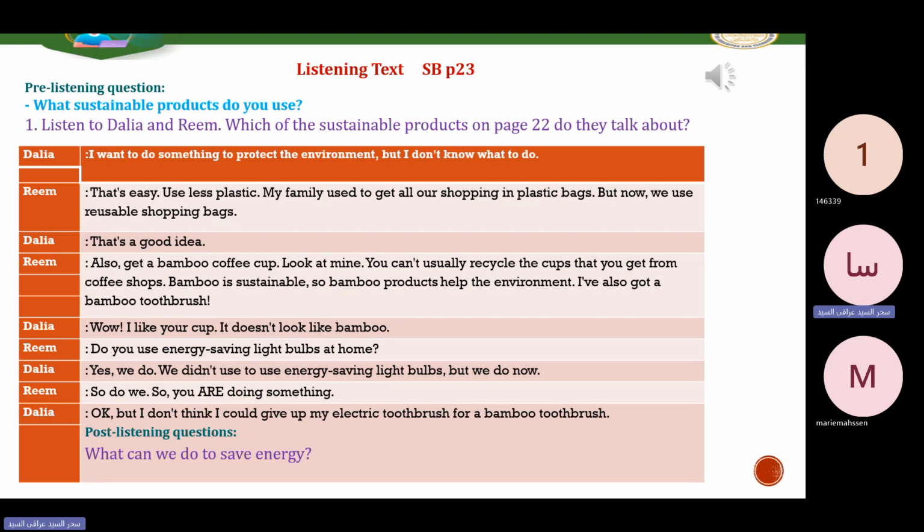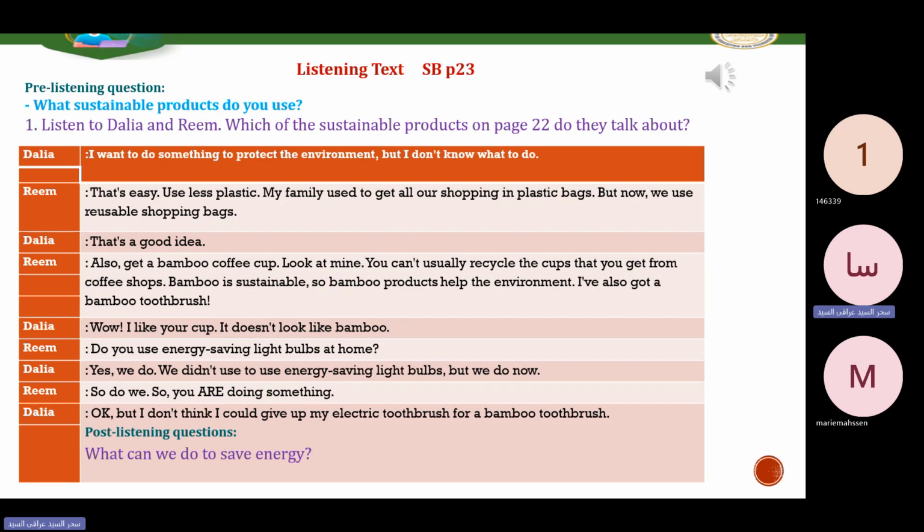Okay. Which of the sustainable products can we hear in this conversation? What sustainable products are here? Another question. What can we do to save energy? Try to think. They talked here about two things.